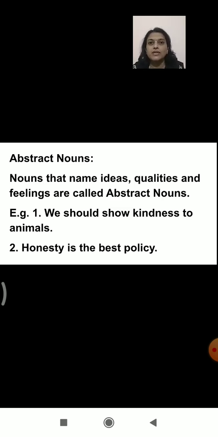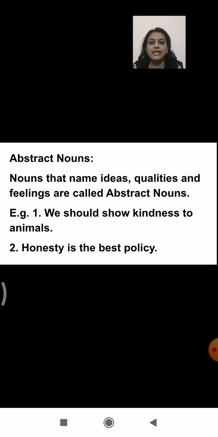The words which we saw, wisdom, bravery, humor, pride, were ideas, qualities, feelings. These types of words which we cannot touch, smell, taste, are called abstract nouns.